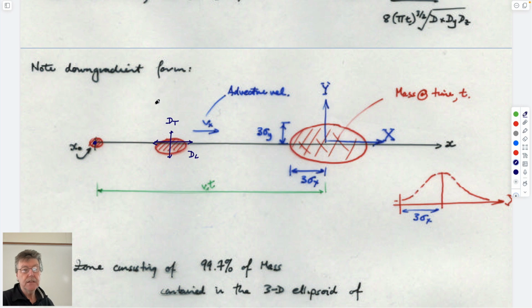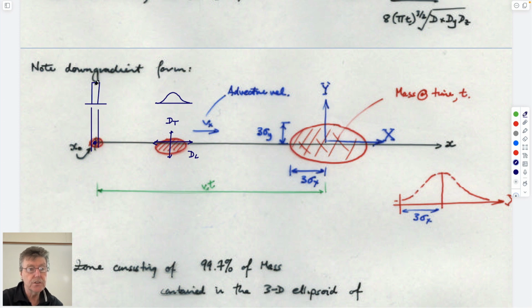And at each of these locations, if you look at that profile in cross-section, it would be a mini Gaussian distribution. So this would be this, as well as I can draw it.